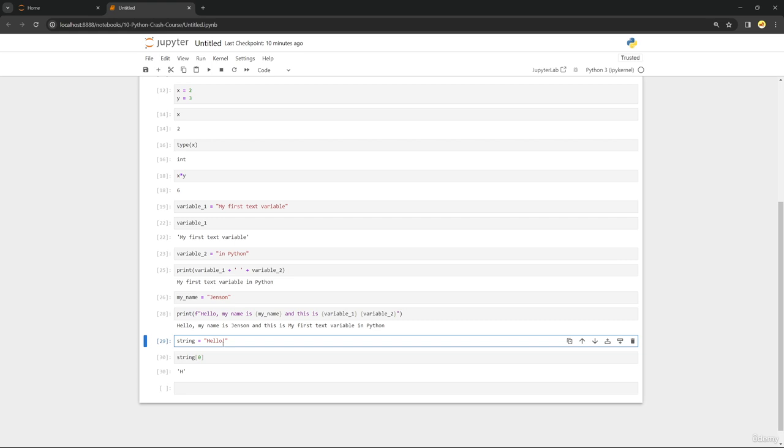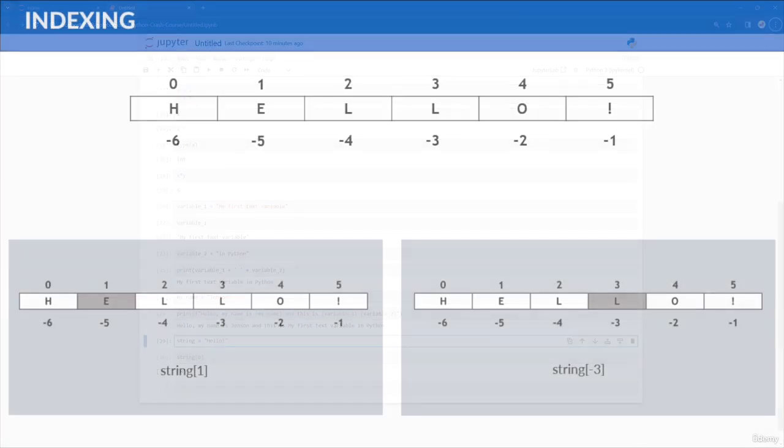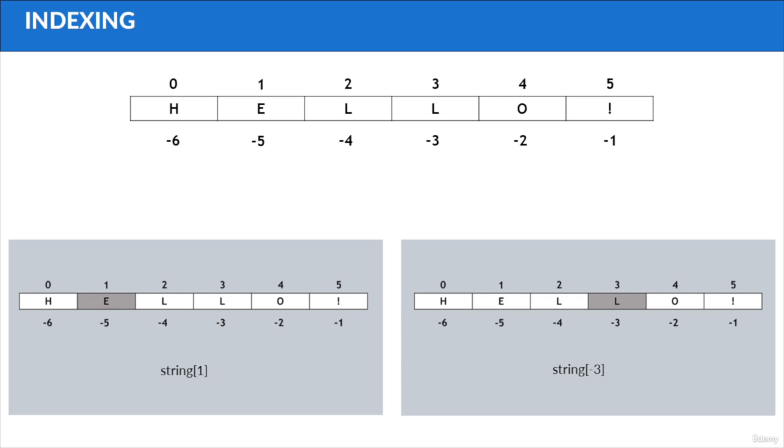And let's have a look at a visual representation of this to better explain what's going on. So at the top here, we have our string, which was "hello" with an exclamation mark at the end. Above each character in our string, we also have some numbers going from 0 to 5. And as mentioned, indexing in Python always starts at 0.